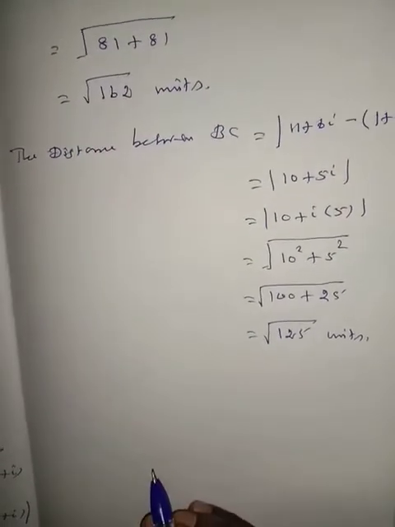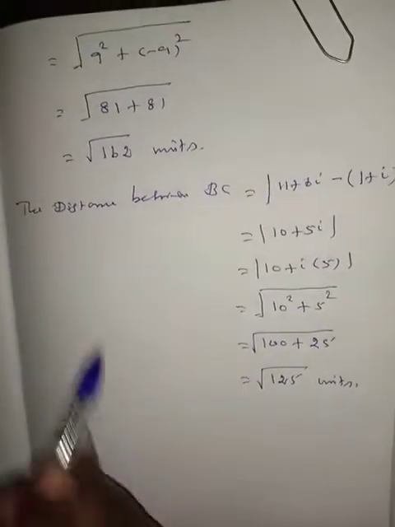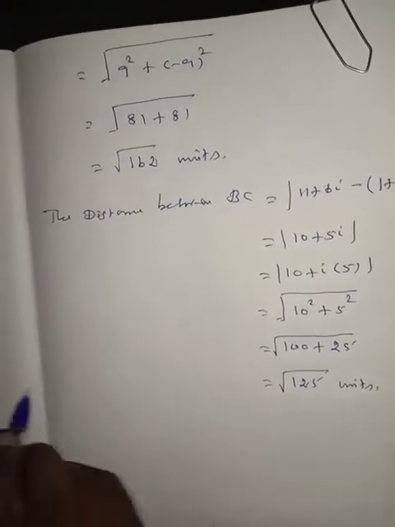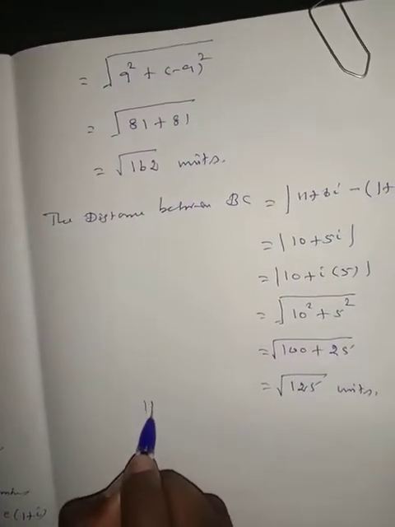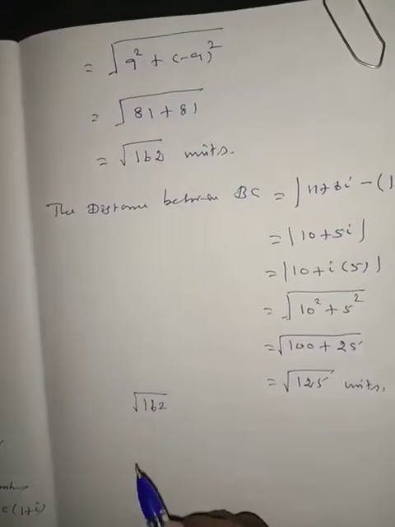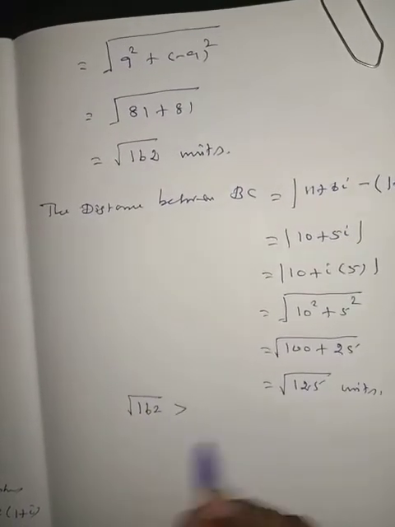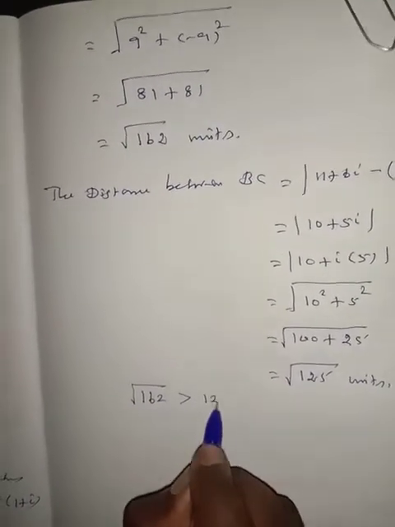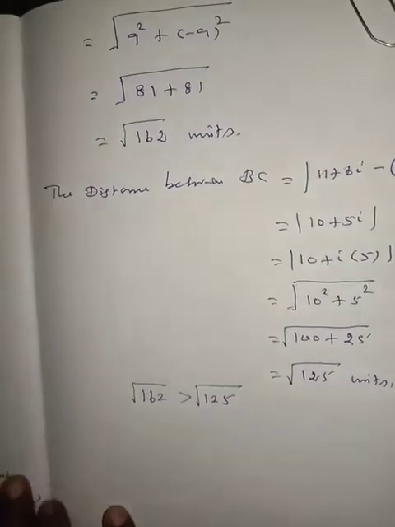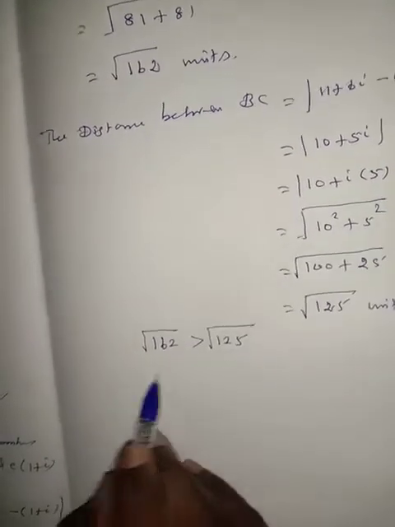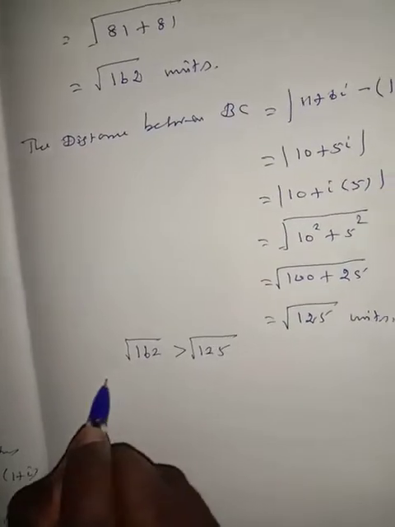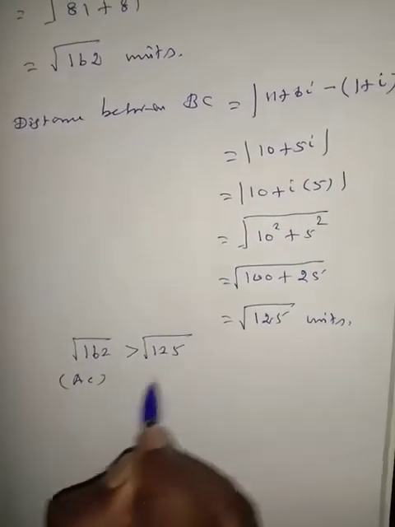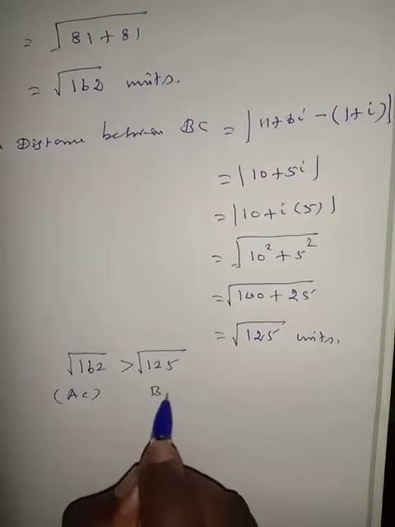We see the distances between AC and BC. Root of 162 is greater than root of 125. This is the distance AC and this is BC.